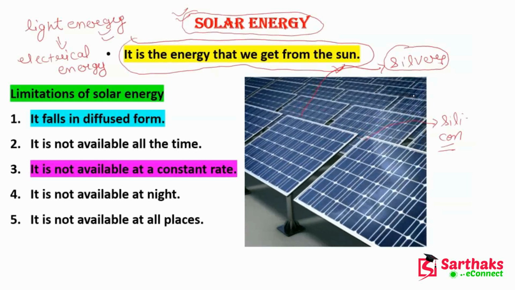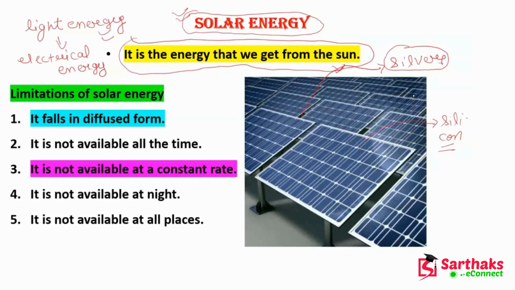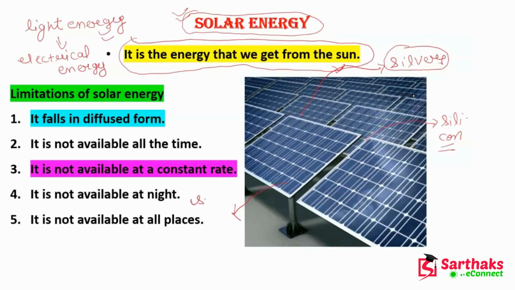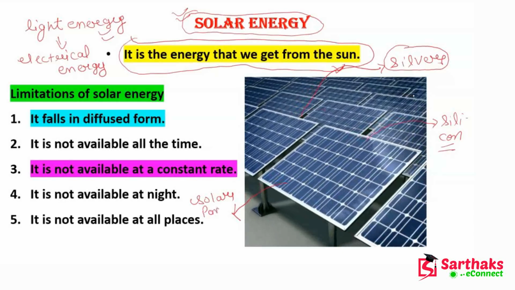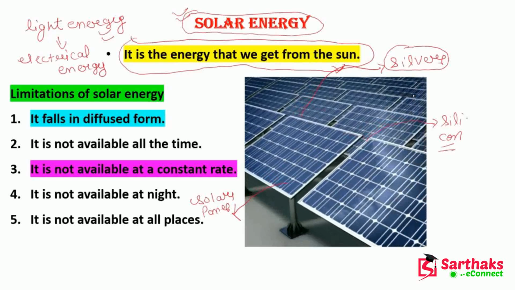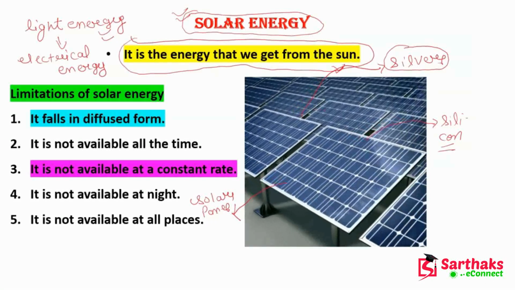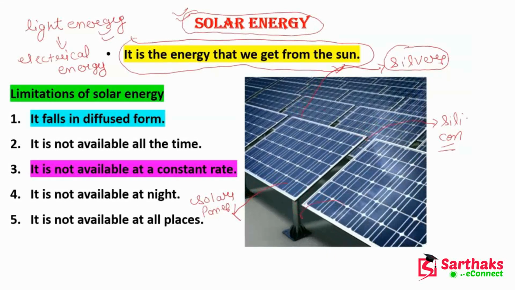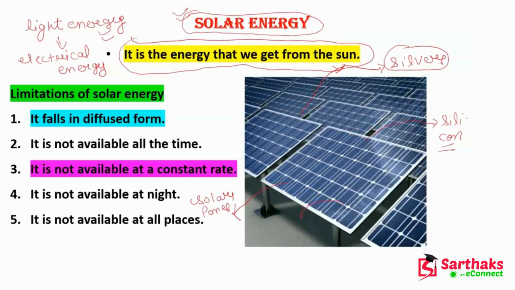Basically the GIF you are able to see here is a solar panel. And this solar panel is made up of small solar cells. This one unit is a solar cell, and this combined unit is the solar panel.